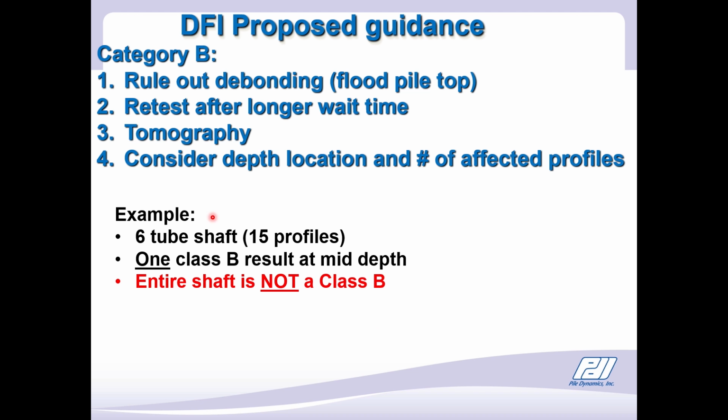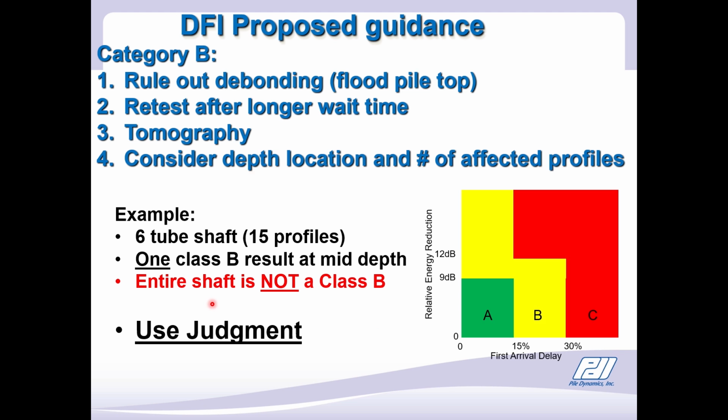Let's take an example. Let's say we have a 6-tube shaft, we have 15 profiles, and we have 1 Class B result at mid-depth. Well, first of all, the entire shaft is not classified as Class B. Each anomaly is classified as a Class B, but the entire shaft is not, in and of itself, questionable.